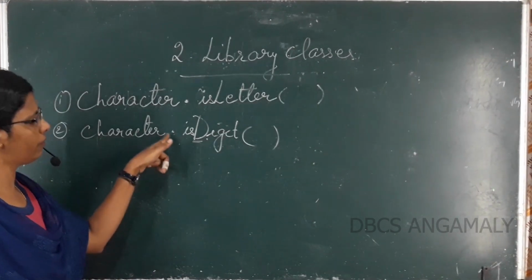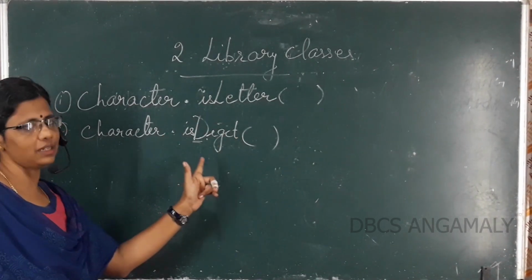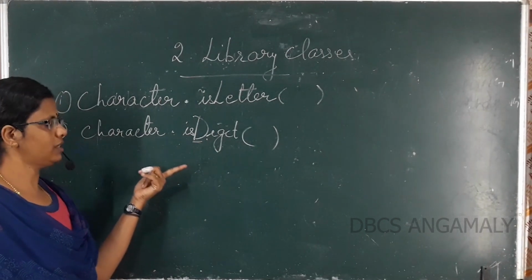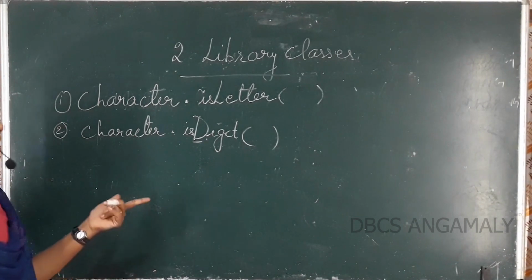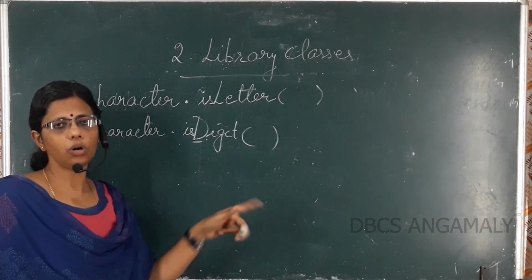So I hope from the very meaning of this name, isDigit, you can tell what it finds. It checks whether the value given inside the char data type is a number or not.